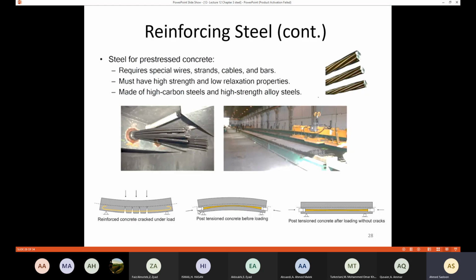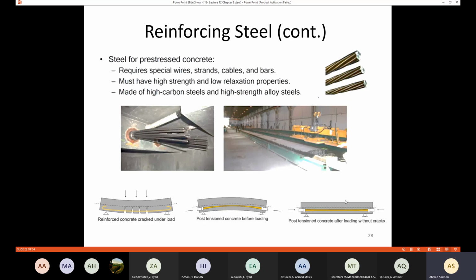If you do that, it's just like applying compression at the bottom. If you apply compression at the bottom, the beam is going to curve like that, which means that here I have compression. I don't have tension anymore.